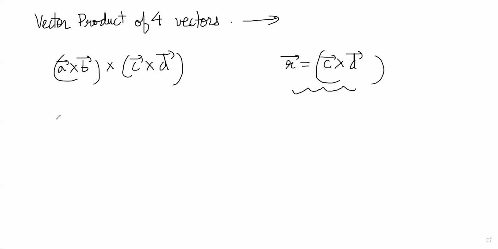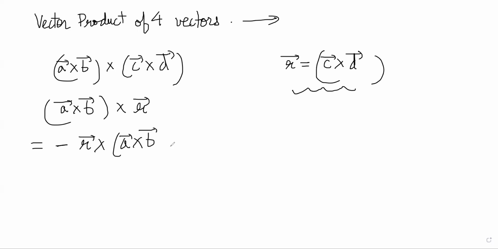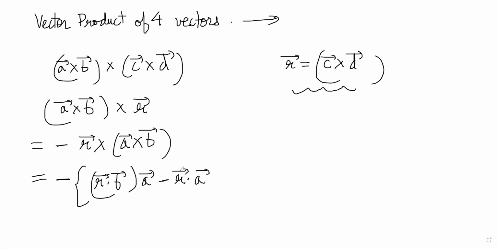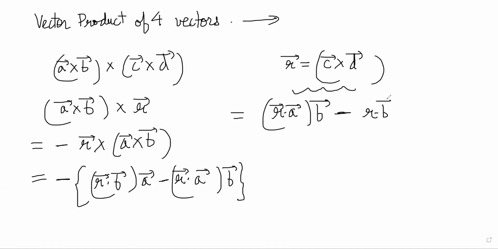And then simplify this first, make it a triple product. It is like this now, right? How do we simplify this triple product? It is minus of R cross A cross B. So according to the formula, it is minus, R dot B A minus R dot A B. So this basically becomes R dot A B minus R dot B A, right?